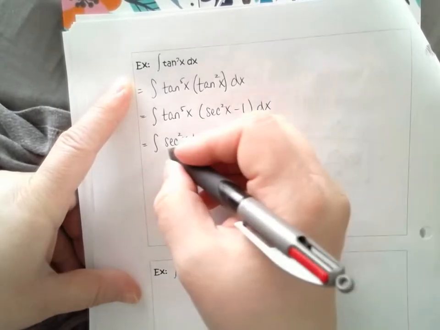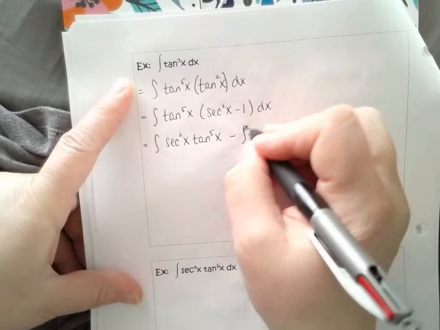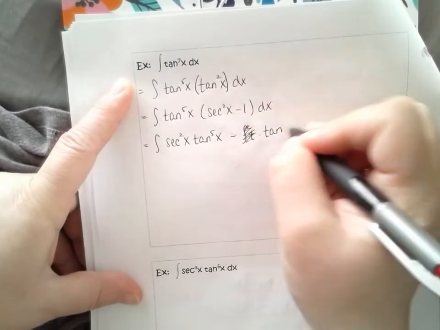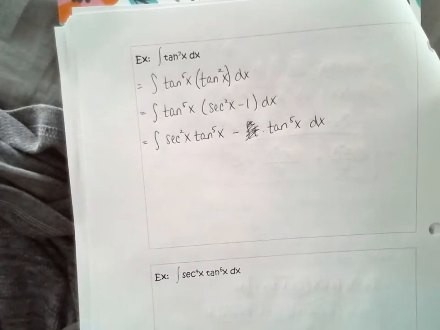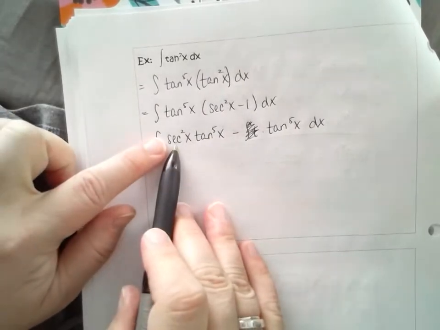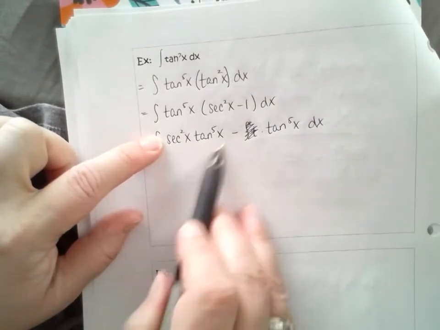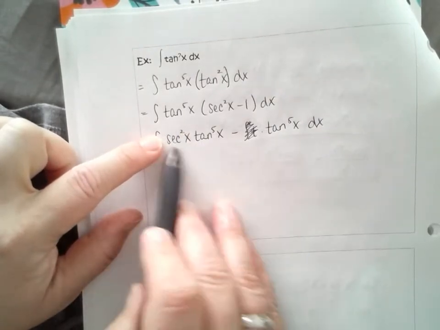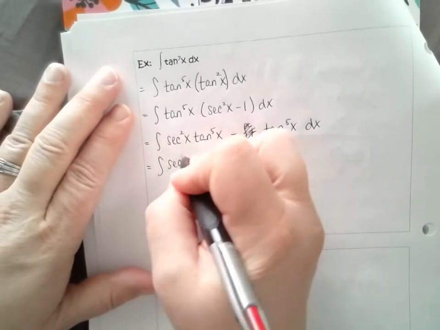No rhyme or reason why I wrote that first. Okay, so I want you to kind of plan ahead. I now have an even secant squared, which is the derivative of tan. So this is just u to the 5th du. Because it's already to be solved, I'm going to separate this integral into two portions.